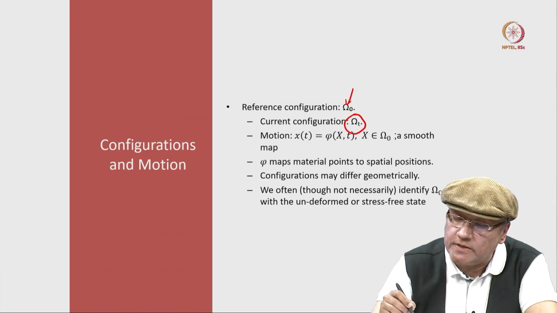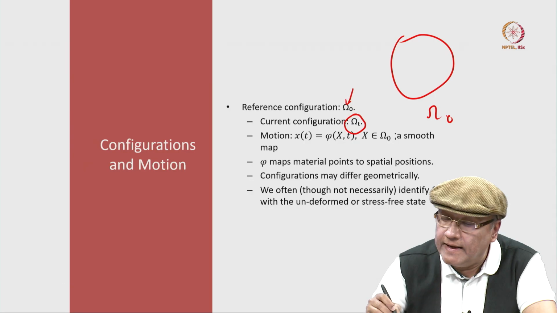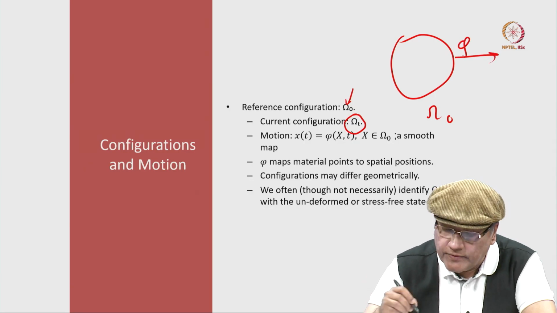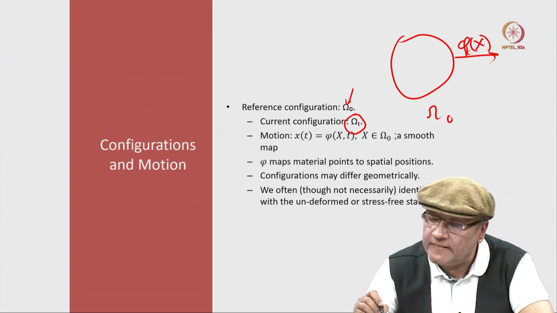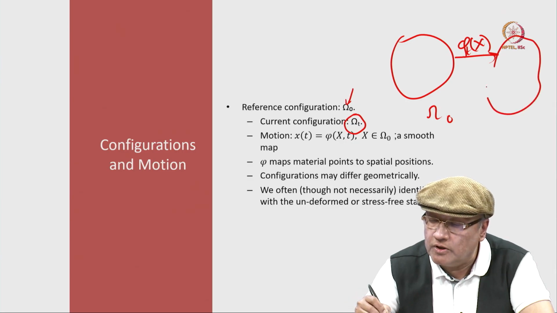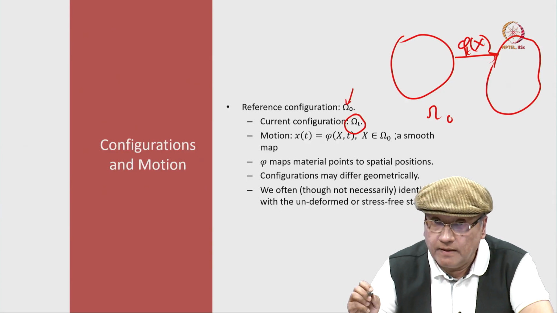So, if this is your omega 0 and this is your phi, we also write phi xt as phi t of x, right, and then we get the deformed or the spatial configuration at time t.